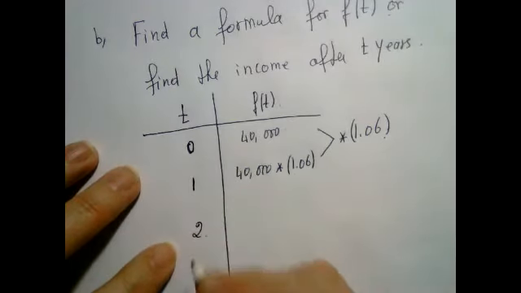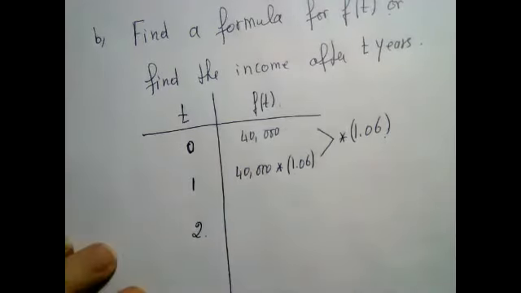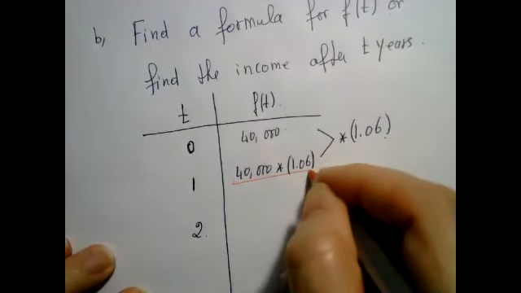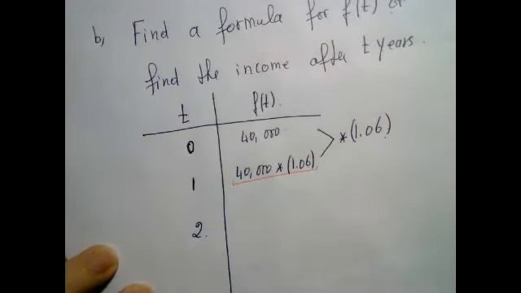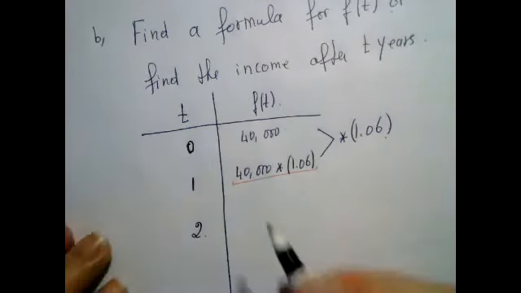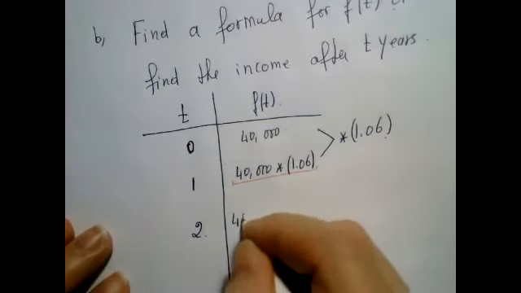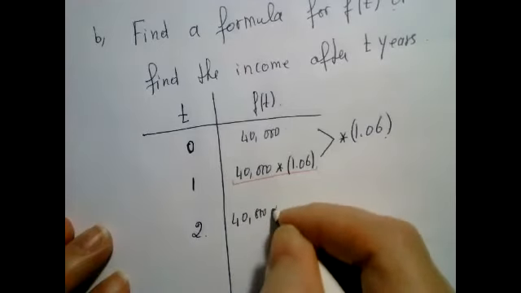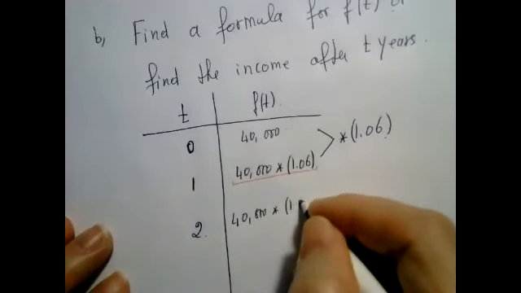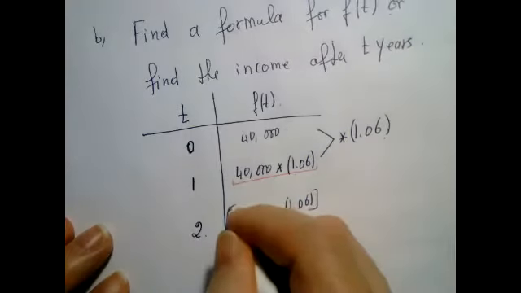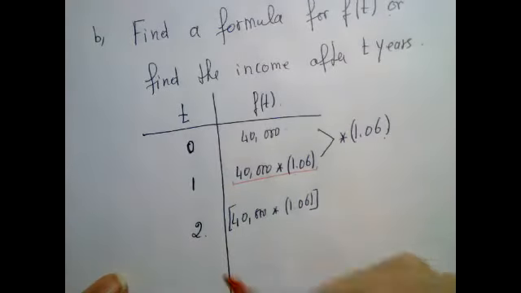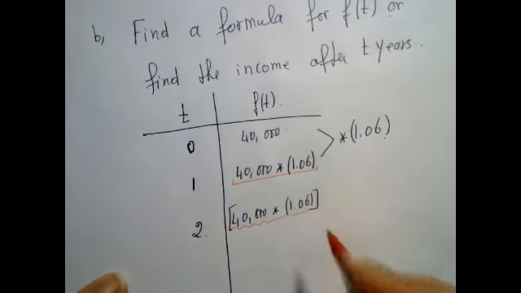What was his income after 2 years? Now this is his income the year before. So what's going to be his income after 2 years? It's going to be exactly what he had the year before, which was 42,400.